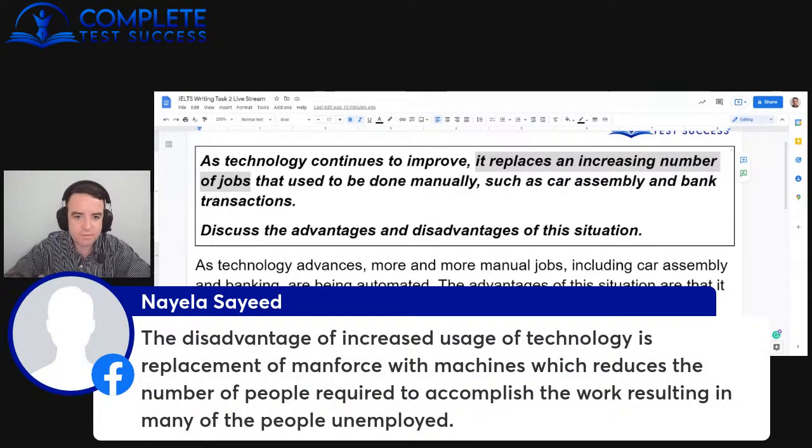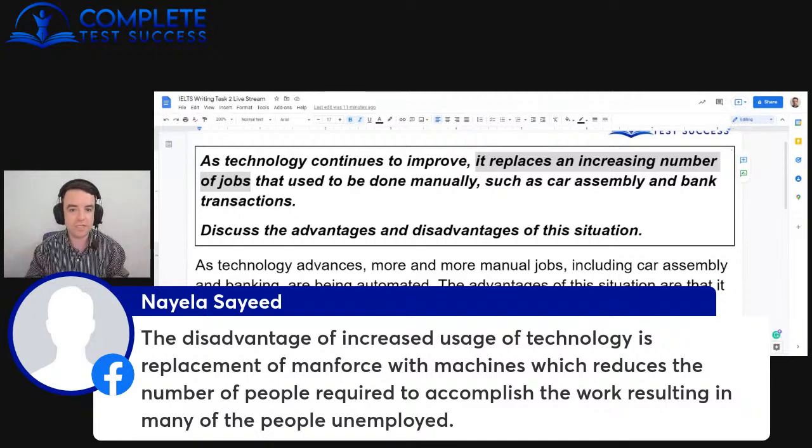The disadvantage of increased usage of technology, replacement of man force with machines, which reduces the number of people required to accomplish the work, resulting in many people unemployed. So this is too wordy. You just need to restate the main idea concisely and then explain it. You haven't actually explained it here. You've just said it in a way that took a lot of words.